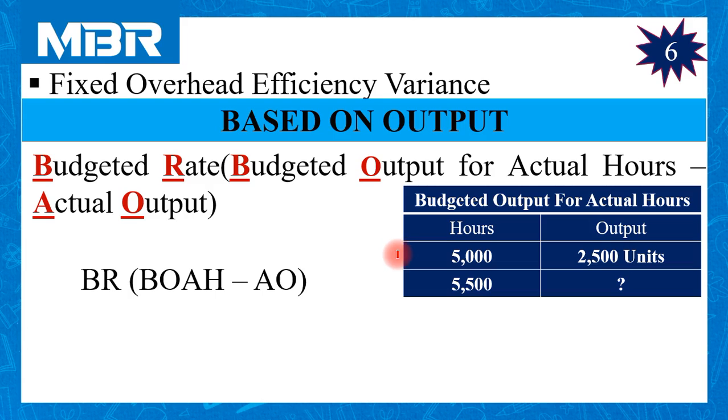Check the information given in the question. Budgeted hours were 5000 and at that time budgeted output was 2500 units. It means you need to complete production of 2500 units by taking 5000 hours. It means if you take 5500 hours, the units of production would be something different that you can calculate using cross multiplication.